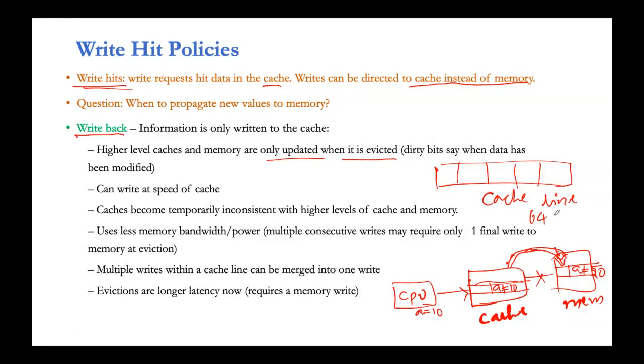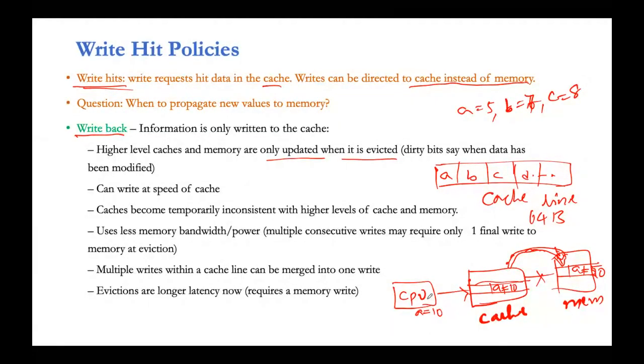If this cache line is 64 bytes, then every piece of this cache line is using 1 byte. So maybe in the first byte A, second byte B, third byte C, fourth byte D, and so on. So assume that A is equal to 5 initially in the cache line, B is equal to suppose 7, C is equal to suppose 8.